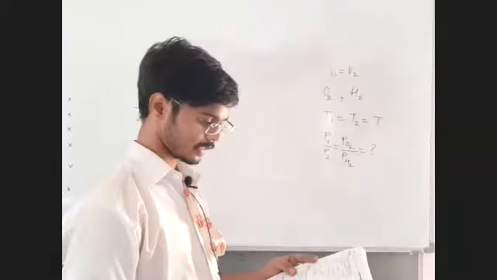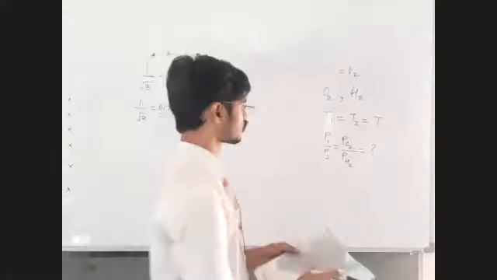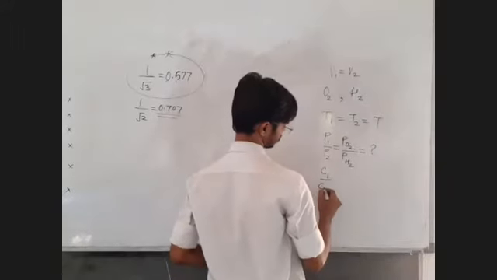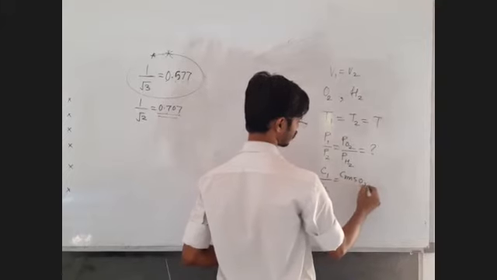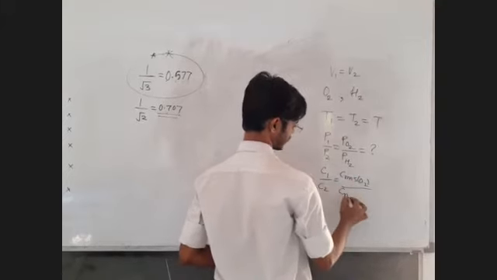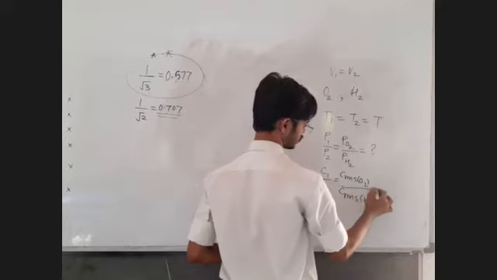RMS velocities of the gases have the ratio 1:4. C1 upon C2, or CRMS of O2 divided by CRMS of H2, is 1:4.